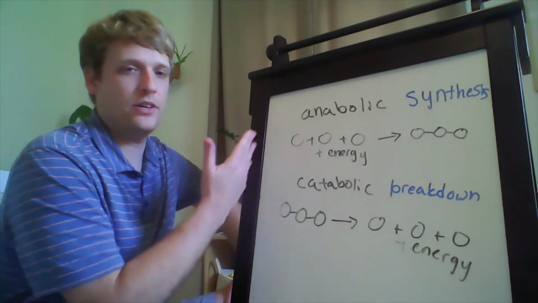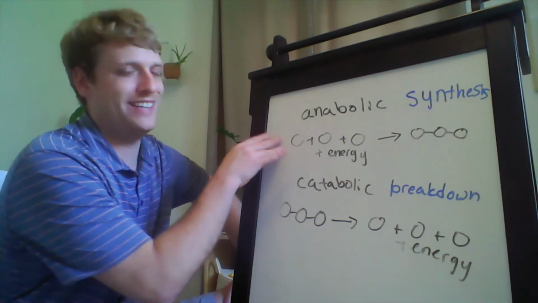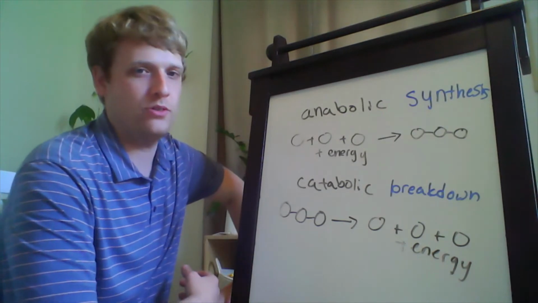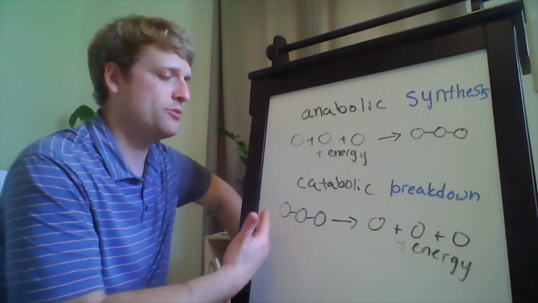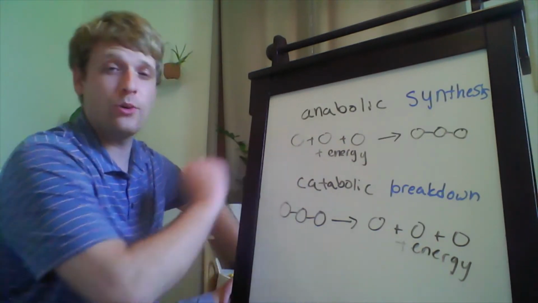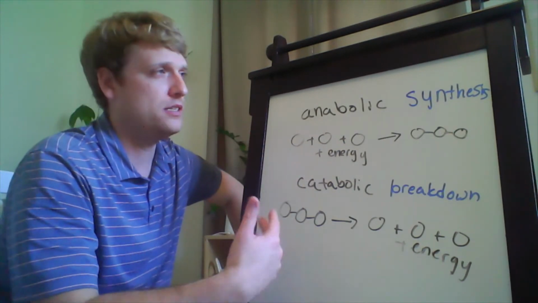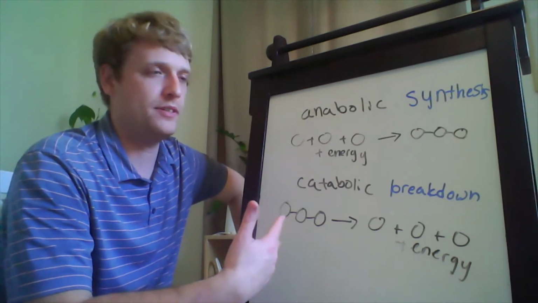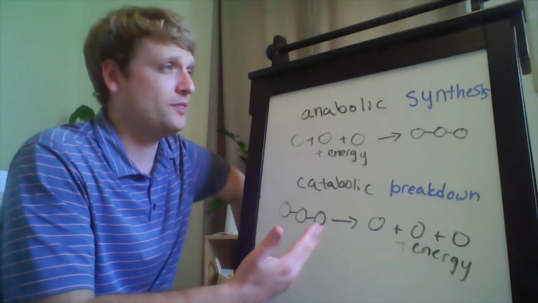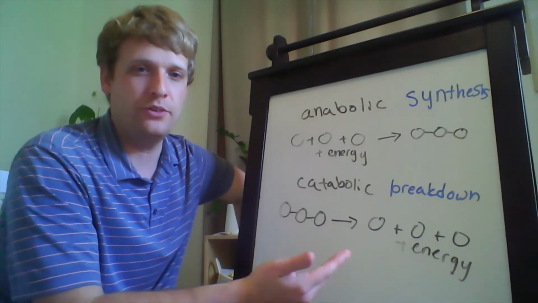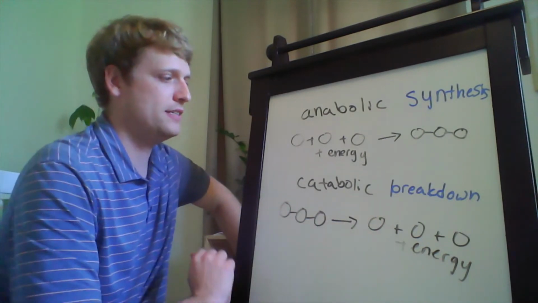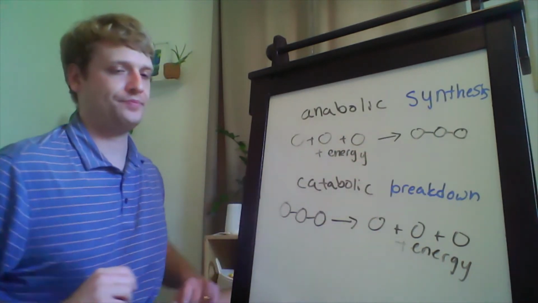Because they're growing, they're favoring synthesis reactions. There are more new, larger molecules being formed than there are large molecules being broken down to provide energy. And that requires lots of energy, and so that's why someone going through a growth spurt, for example, is going to be consuming a lot of food, to supply the energy needed to perform all of these synthesis reactions.